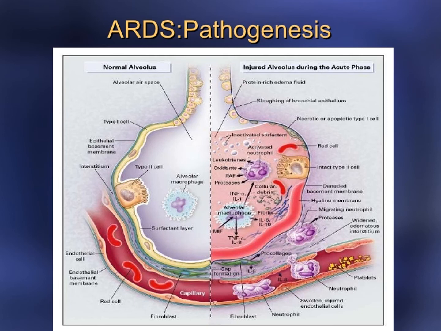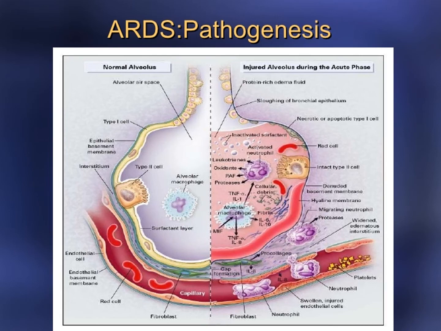So in ARDS, again, the inflammation of the pulmonary capillary endothelium and alveolar endothelium results in increased permeability of these tissue layers. Injury to the lung parenchyma ultimately leads to leaking of protein-rich plasma out of the capillary, first into the interstitial space and then into the alveolar space. So that's what's going on.